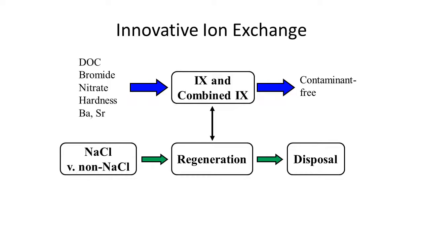This is just a very simple view of innovative ion exchange for us. Again, it's that systems view where we're looking at important and relevant contaminants for small systems, and at contaminants that span both surface waters and groundwaters. We're able to do that because we're also looking at different reactor configurations.